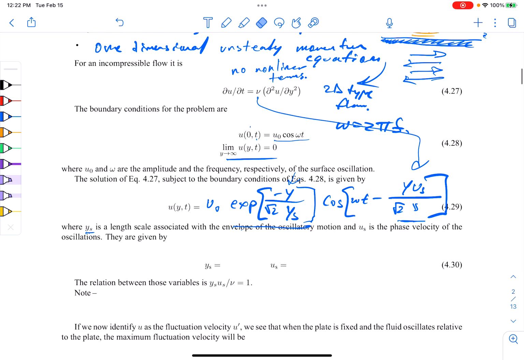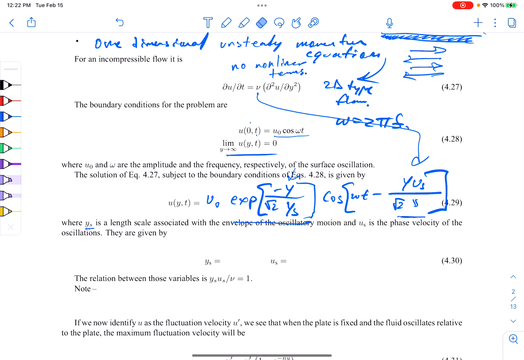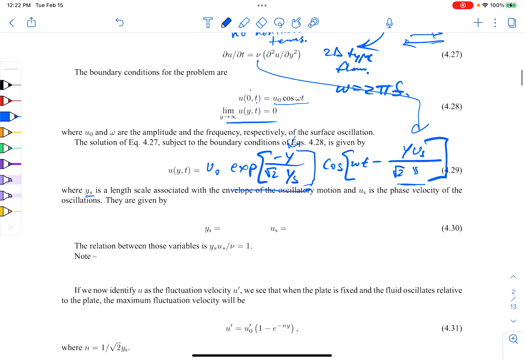Let's look at the second term. This one is still that oscillatory term. The first term is from the boundary condition, so it still oscillates at this frequency, and now we have something like what would be seen as a wave number. You'll notice in here that I have US and YS, and I haven't really defined those, but here we are.